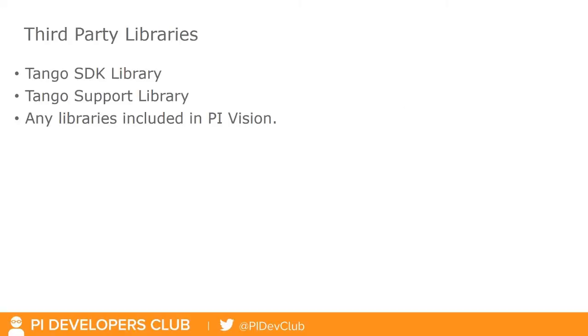Now, talking about the libraries that we use. For this project, we use all the provided libraries, and in addition to the provided libraries, we use the Tango SDK library and the Tango support library to implement the Android app and be able to export all the other features.